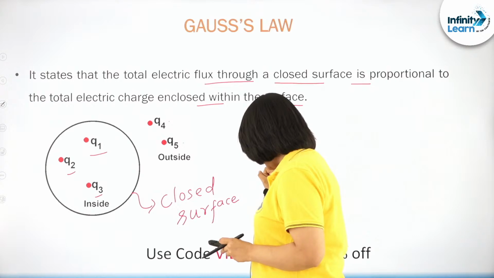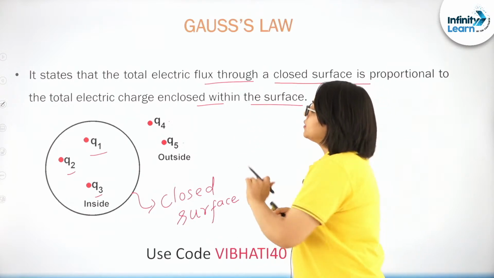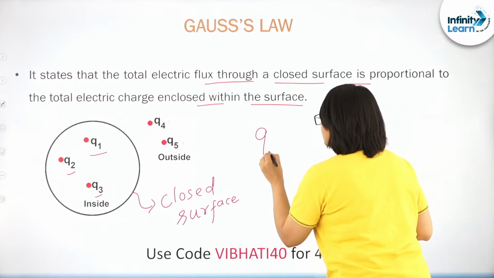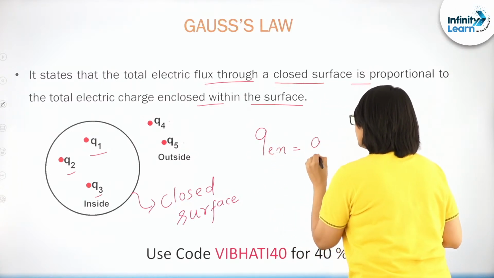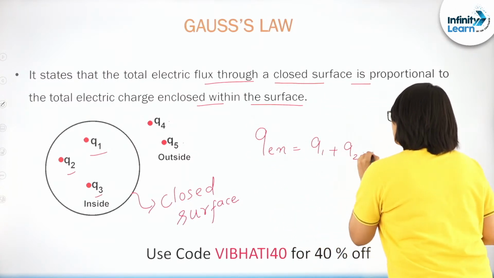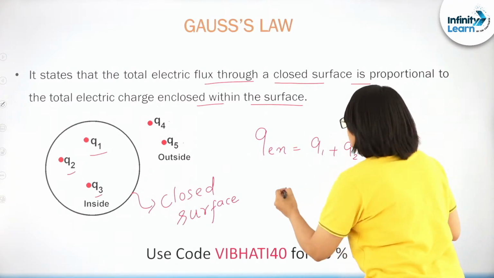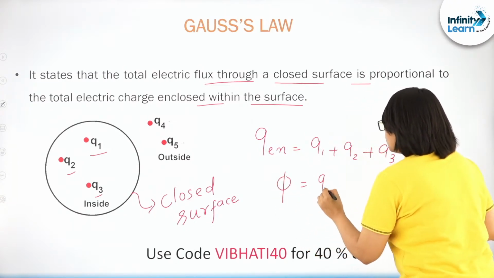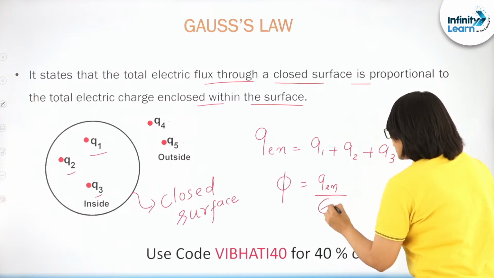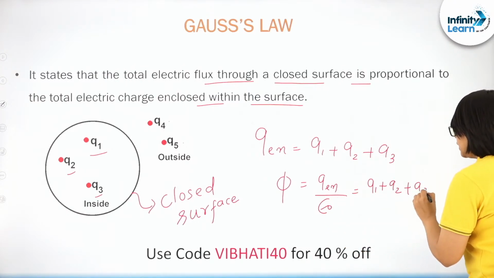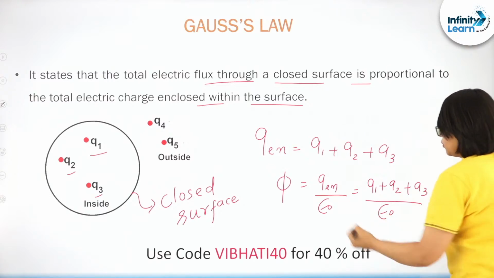So the total charge inside the surface will be Q enclosed. That will be Q1 plus Q2 plus Q3. And according to Gauss's law, flux will be Q enclosed divided by epsilon naught, and that is Q1 plus Q2 plus Q3 divided by epsilon naught.